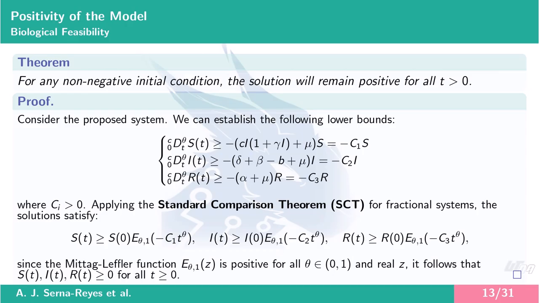The proof is based on establishing lower bounds for each equation, and then applying the standard comparison theorem for fractional systems. The key observation is that the Mittag-Leffler function is positive for all theta between 0 and 1 in a real C, which guarantees that the lower bounds themselves are non-negative.